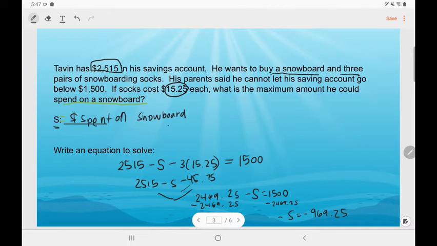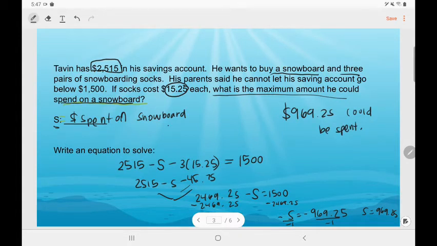And after that, I am going to divide by negative 1 to get rid of the negative in front of the S, and S is equal to $969.25. So make sure you go back up and answer the question. What is the maximum amount he could spend on a snowboard? He could spend $969.25.